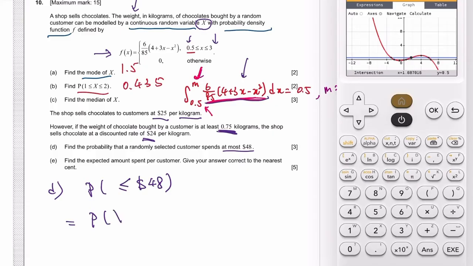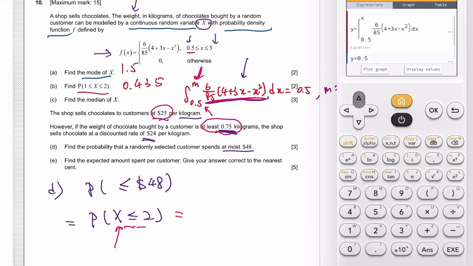So as long as they buy less than 2 kilograms, then they will spend less than 48. And I don't think we need to care about that 0.75 yet in this part, because if x is less than 0.75, then it will be $25 per kilogram, but he will buy less than 0.75 kilograms, so he would definitely spend less than 48 anyway. So this should be the answer.